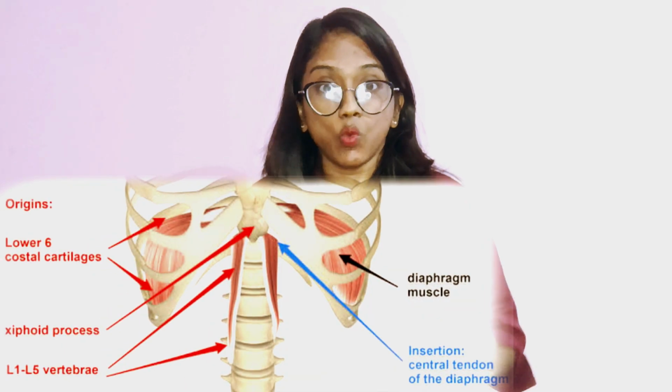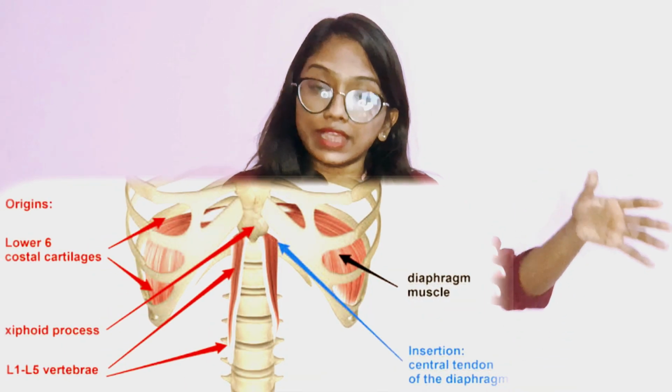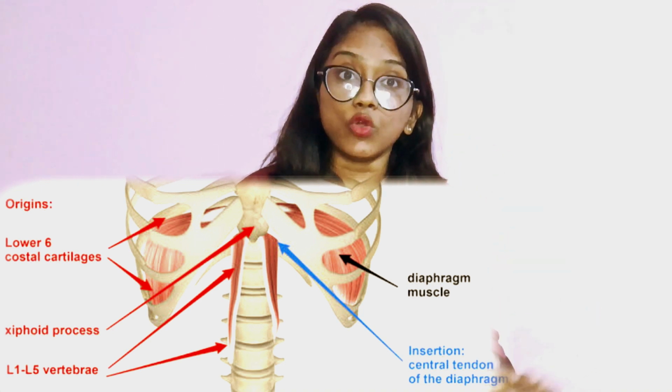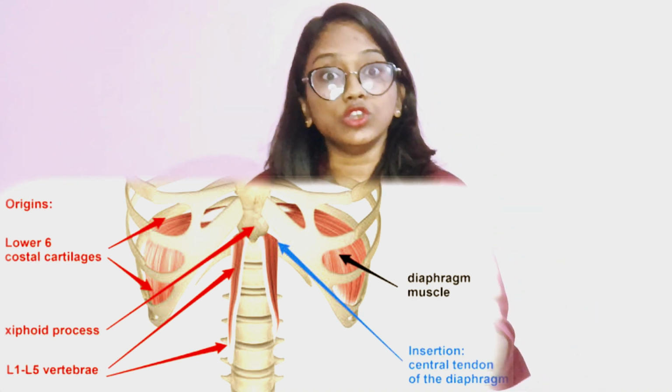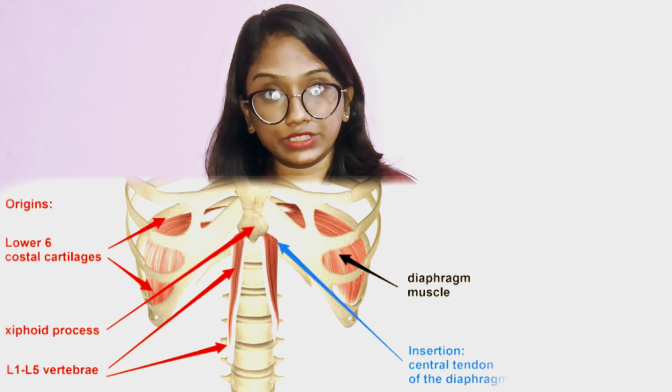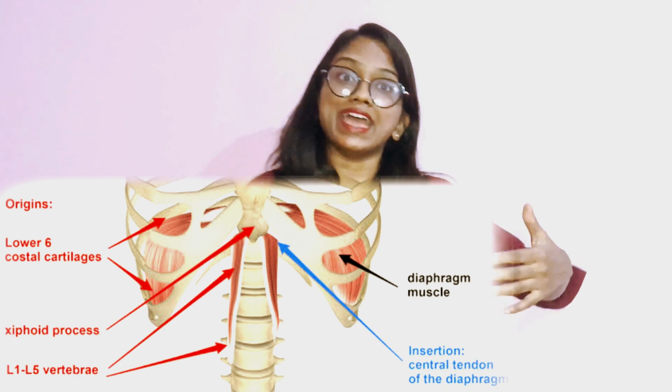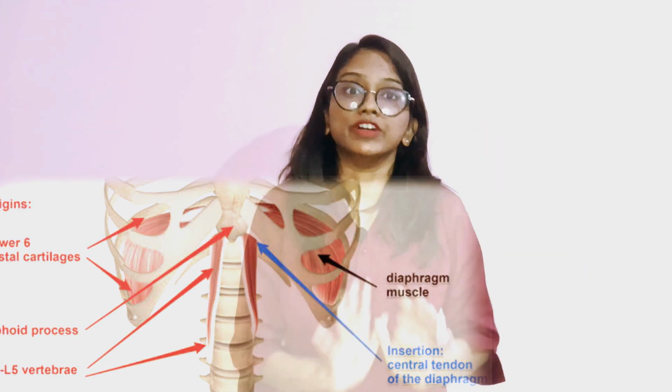The sternal attachment arises from the back of the xiphoid process, while the costal attachment arises from the inner surface of the lower four ribs and lower six costal cartilages. The lumbar attachment is attached to the upper lumbar vertebrae.